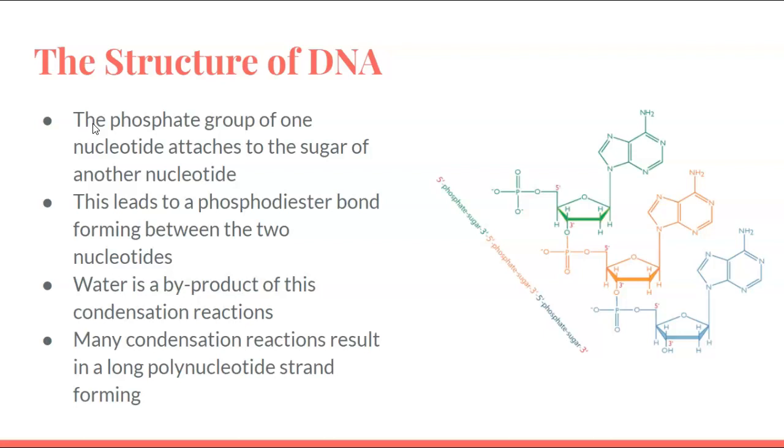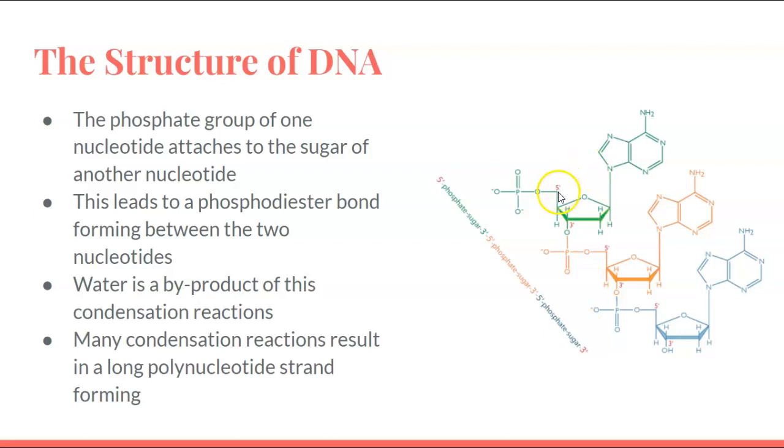So the structure, okay, the phosphate group of one nucleotide attaches to the sugar of another. This creates a phosphodiester bond. Water is a byproduct, just like it almost always is in condensation reactions. And then this will form a long polynucleotide strand. Now, remember I was saying it goes 5' to 3'? Well, this is what I meant. So 5', phosphate, sugar, 3', 5', 3', 5', 3'.